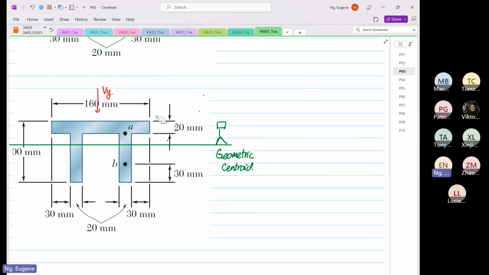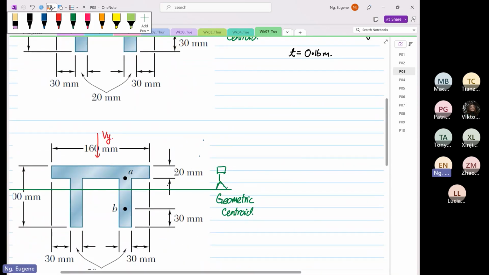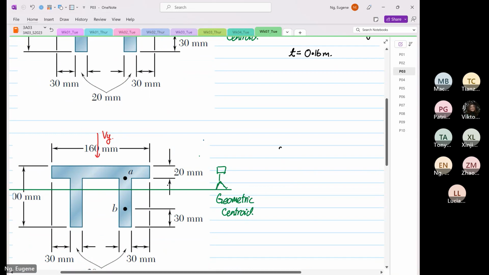For this case, we now want to find the shear XY at point A. Okay, we want to find shear XY at point A.